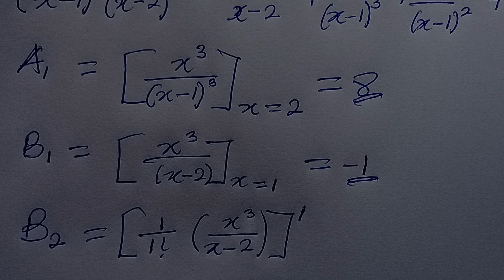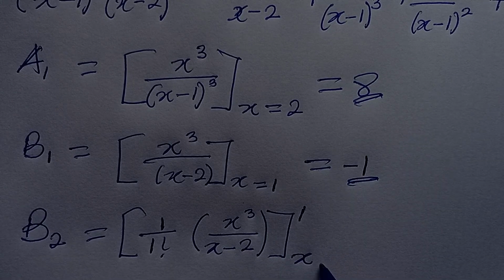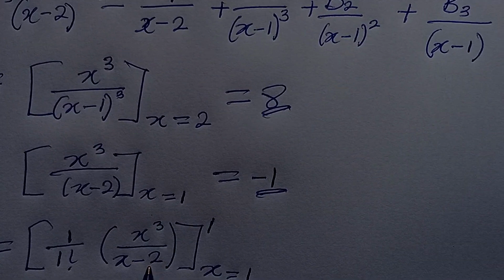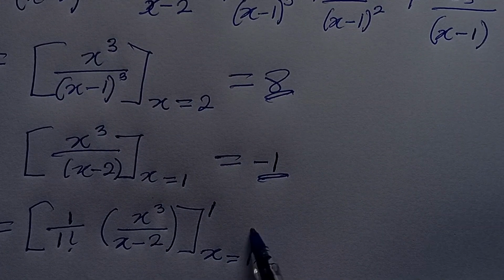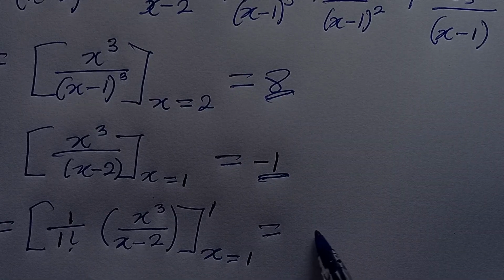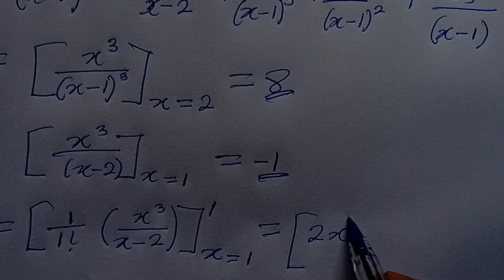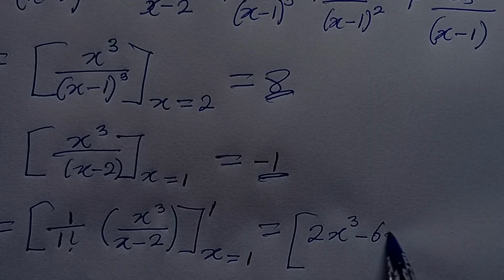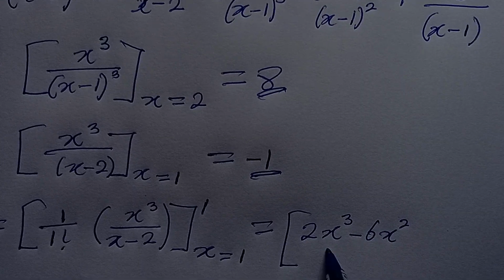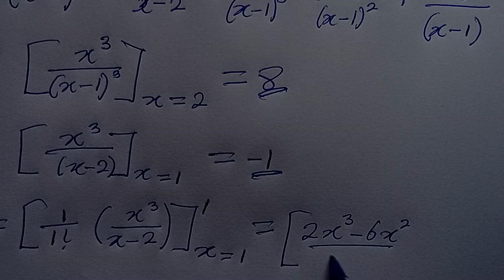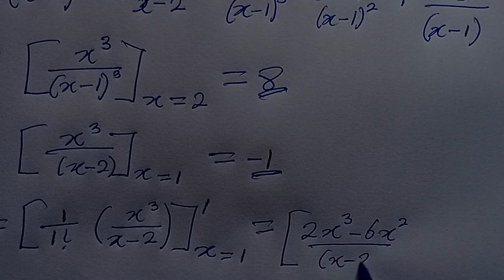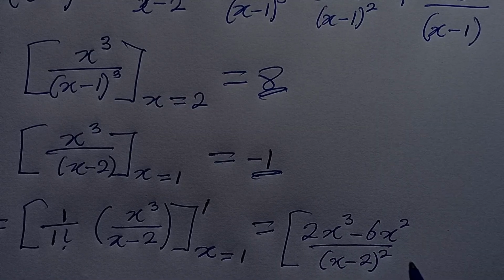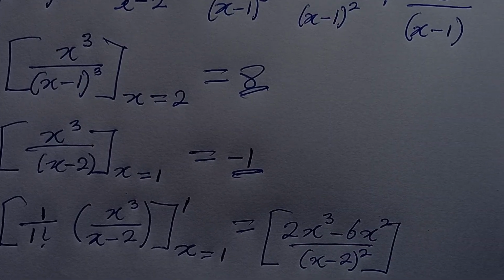Okay, so we'll find the prime of this, and here we are setting our x to be equal to 1. So if we factorize and simplify this, then we're going to have this to be our bracket here, 2x to the power of 3 minus 6x to the power of 2, everything all over our bracket x minus 2 close bracket, all raised to the power of 2, square bracket close.